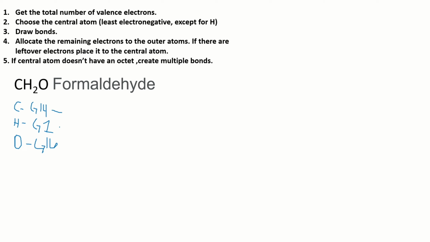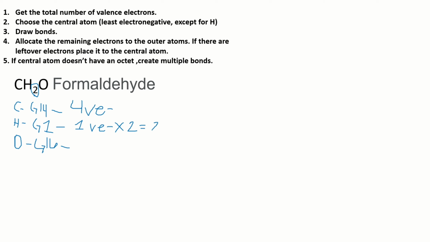Now, let us identify the number of valence electrons. For carbon, it has 4 valence electrons. For hydrogen, it has 1 valence electron. However, we have number 2 here. Therefore, we have 2 atoms of hydrogen, so we have to multiply: 1 times 2.